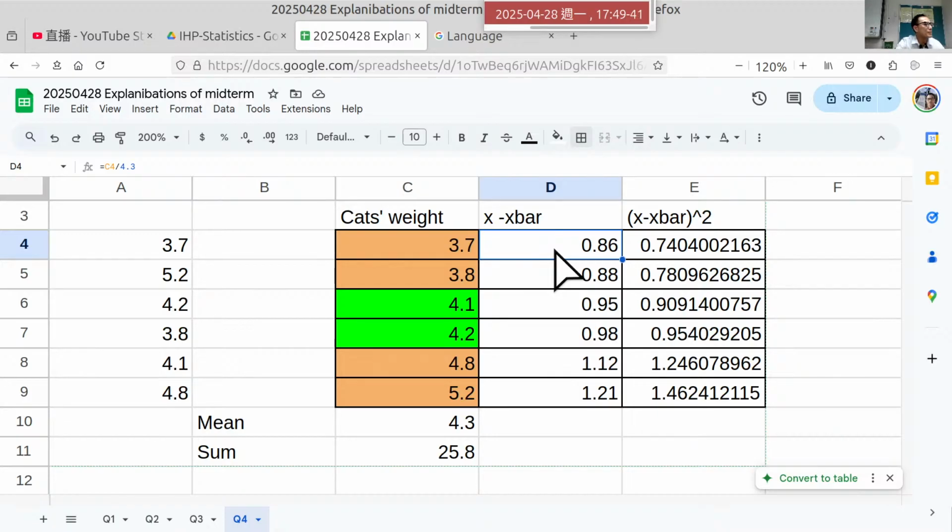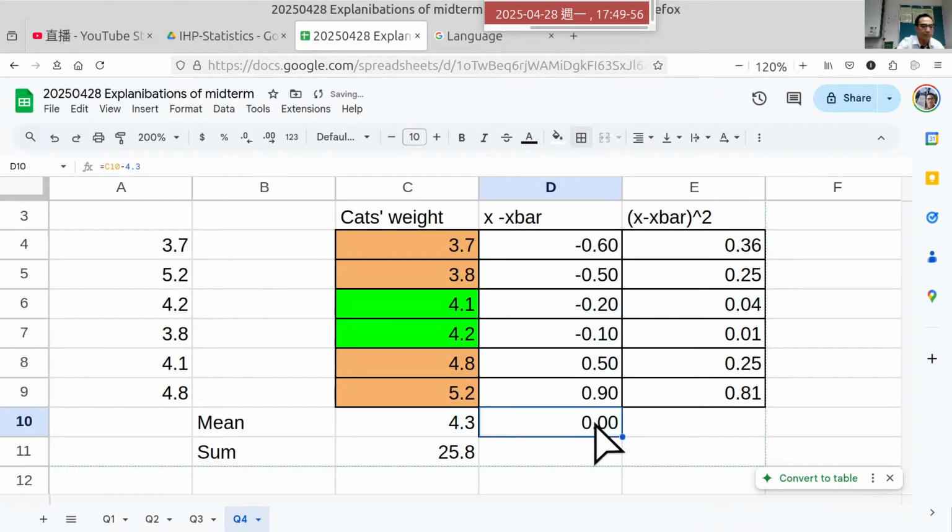Oh, sorry, I made a mistake. I'm sorry. Here is C4 minus 4.3, not divided. I'm sorry. Okay, get it?